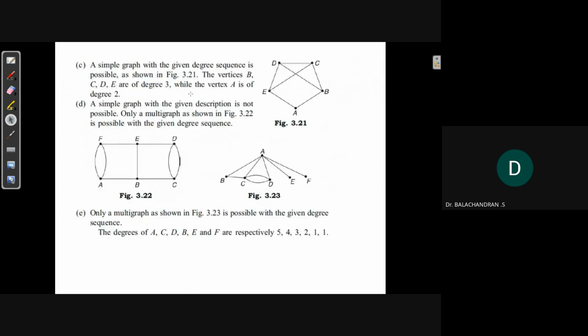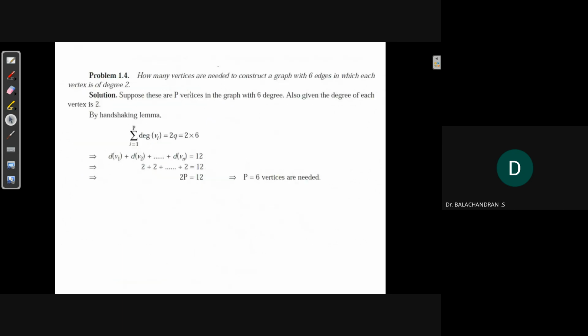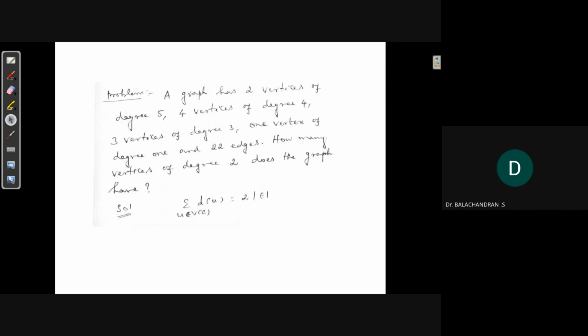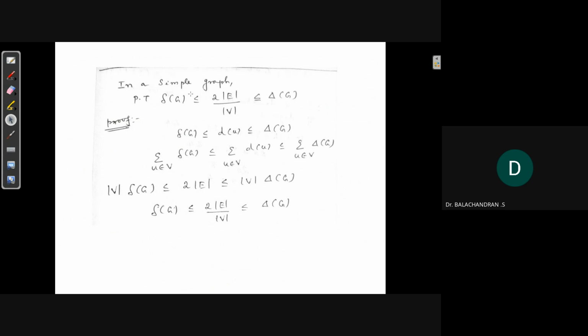Instead of q, they are writing cardinality of E, number of edges. Instead of p, they are putting cardinality of V. The proof I explained last class. This is a repetition, that's why I don't want to do it again.